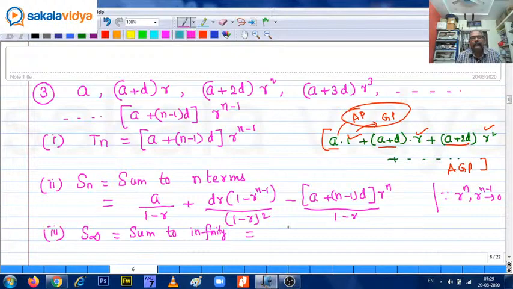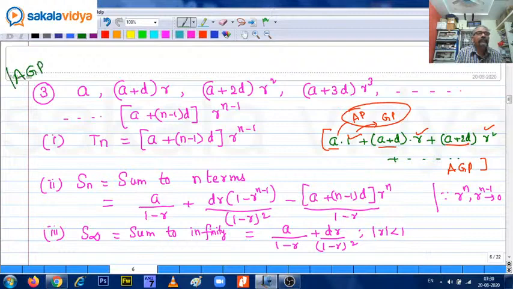That's why very simple, you get a by 1 minus r plus dr by 1 minus r whole square, provided mod r less than 1. This is about AGP, arithmetic geometric progression.